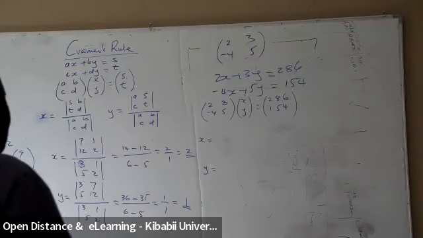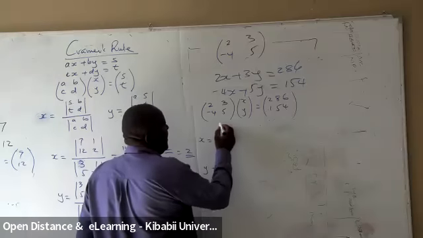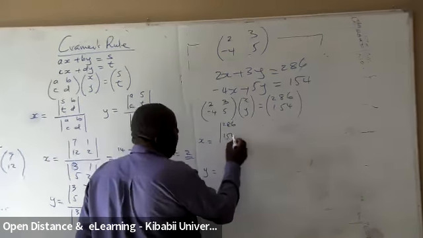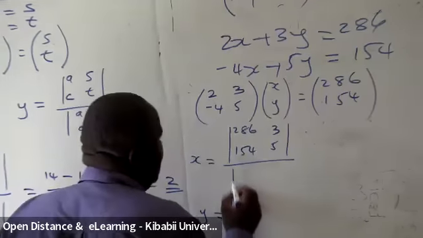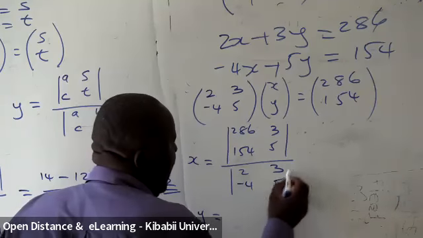So if we follow the same process, for x, this will be equal to the determinant of [286, 154; 3, 5] all over [2, 3; negative 4, 5].